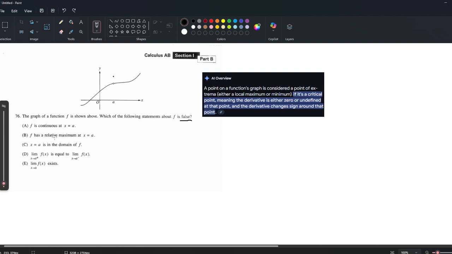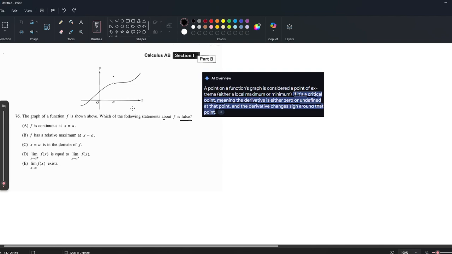Now for B, f has a relative maximum at x equals a. Now we have to think about the definition of an extreme, like a point of extrema. So right here, the AI overview definition, if it's a critical point, meaning that the derivative is either 0 or undefined. So maybe our derivative isn't 0, but our derivative is undefined because it's not continuous.